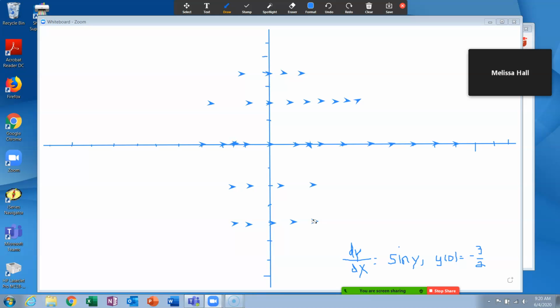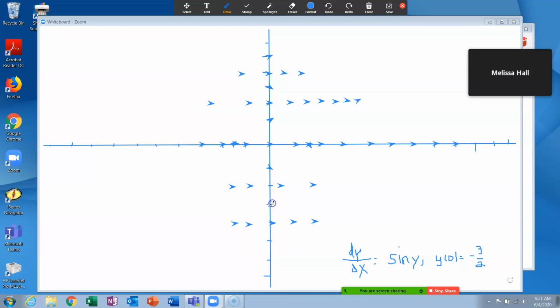At your half pi's, let's start with positive half pi. Here the slope is +1. Here the slope is -1. Here the slope is +1. And here the slope is -1. Here the slope is +1.